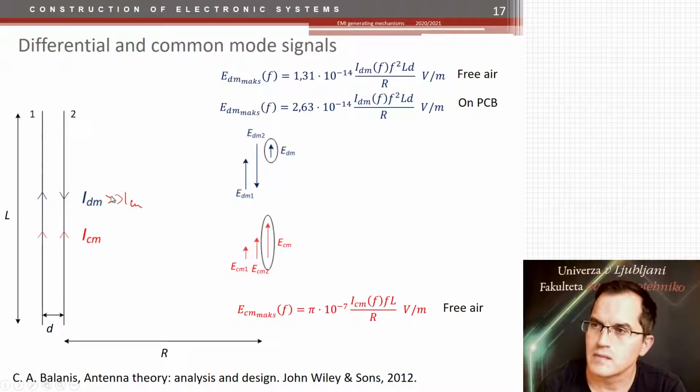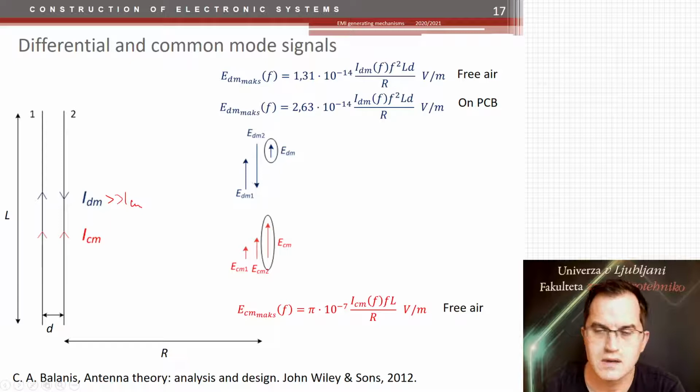Now, these two currents, differential mode currents, are subtracting their electric fields because they have the opposite polarity. So their electric fields actually are subtracting at a certain distance.